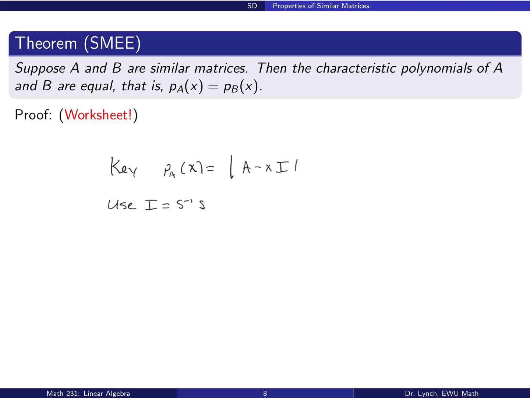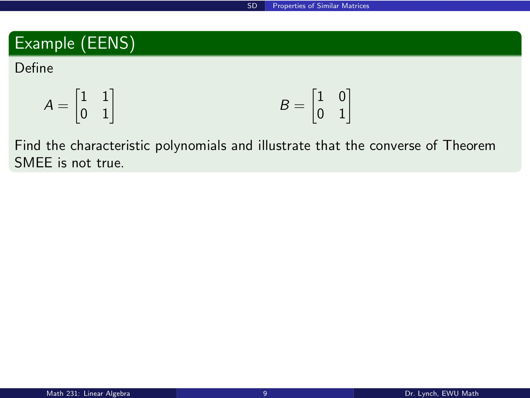Now, as it turns out, the converse is not true. If two matrices have the same characteristic polynomial, they may not be similar matrices. So here's an exercise that shows that.